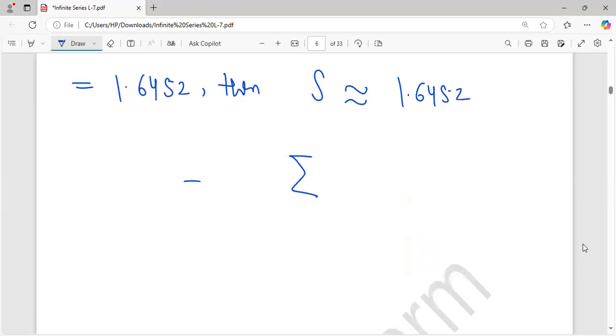So this implies the summation from n equal to 1 to infinity of 1 upon n square is approximated by 1.6452. Okay. Remark.